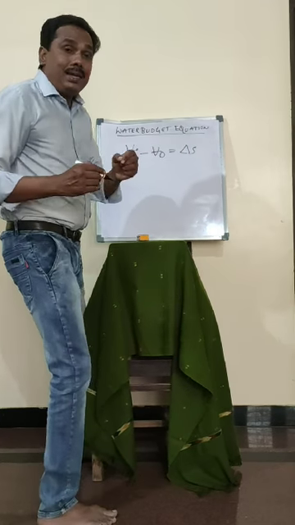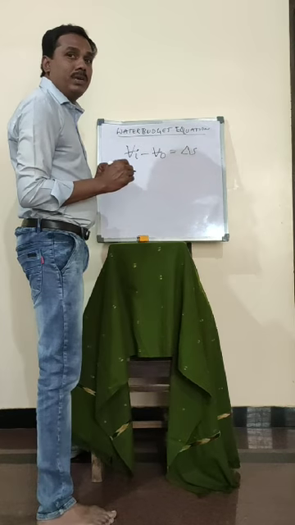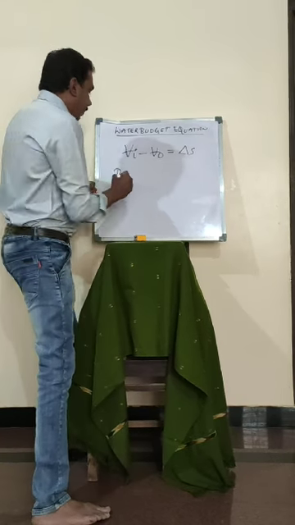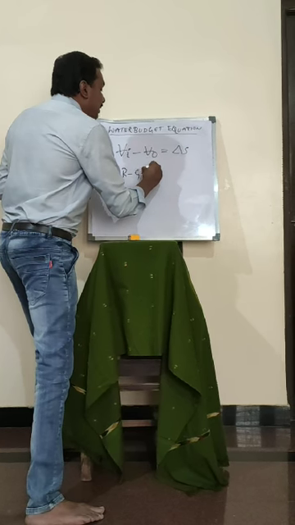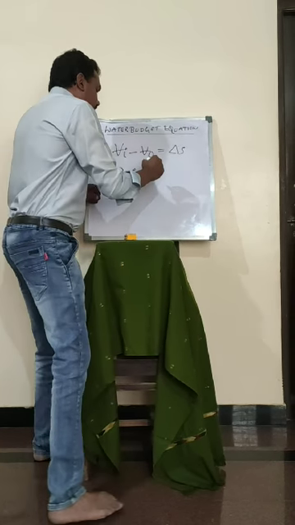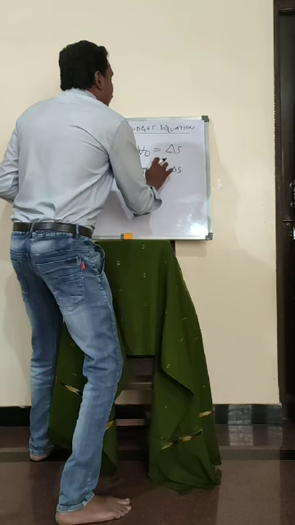Again, it is denoted as P minus R minus G minus T minus E equals delta S.